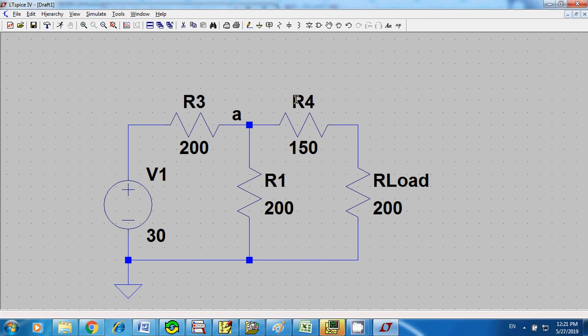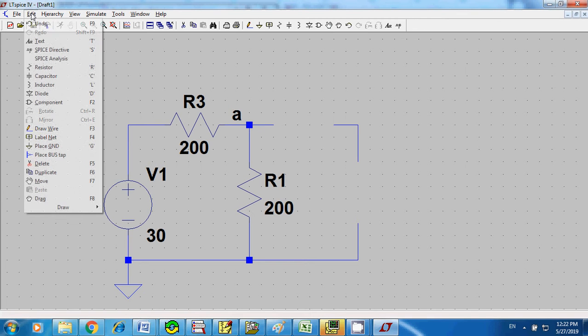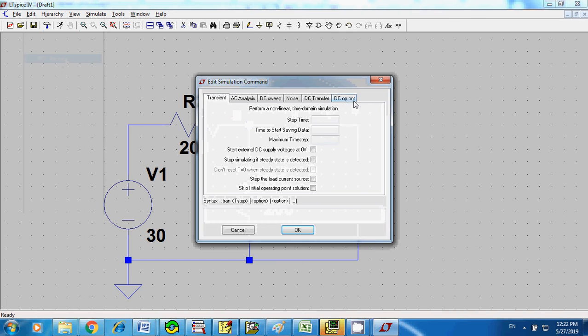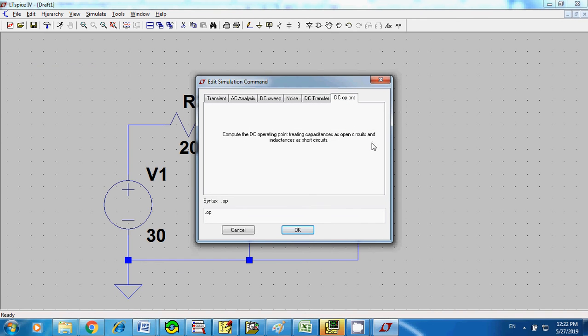And as I mentioned, you look for V open at this point, so you have to open the load. You just use the scissor to cut the load, and you also have to cut this one. And the next step, you look for VA, right? So you go to edit, and you go to SPICE analysis, and you go to DC operating point.